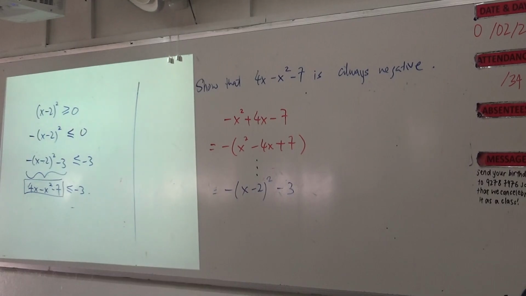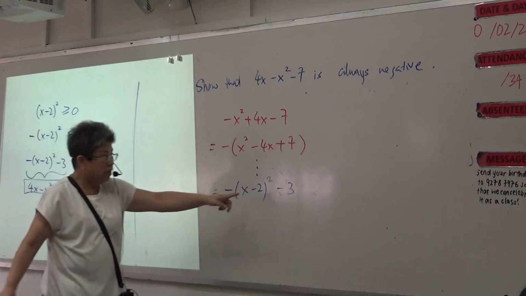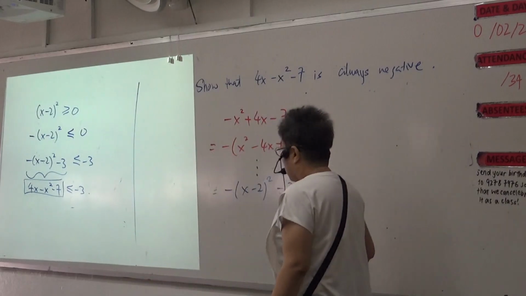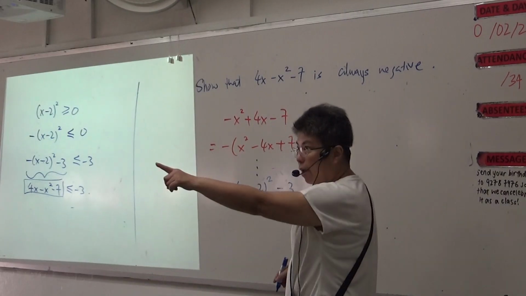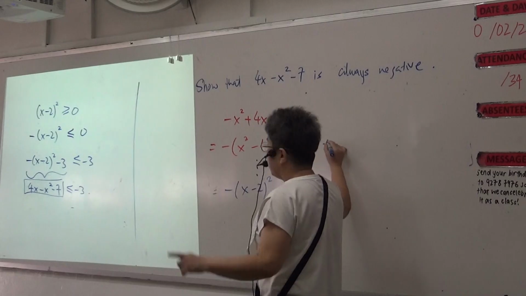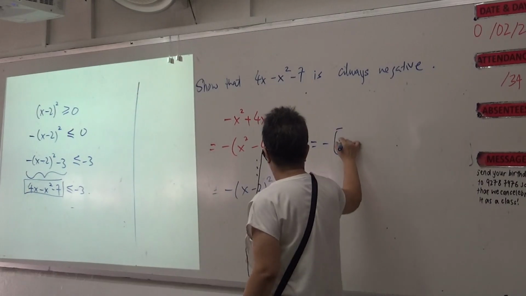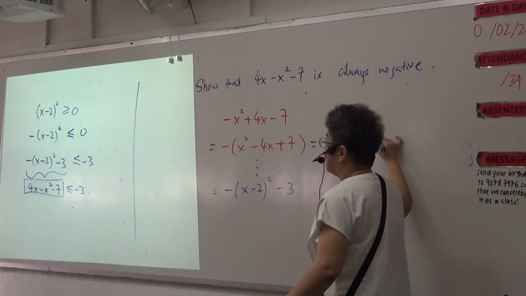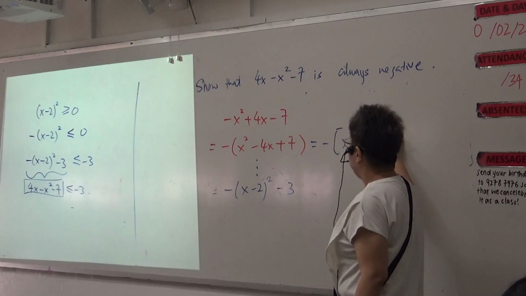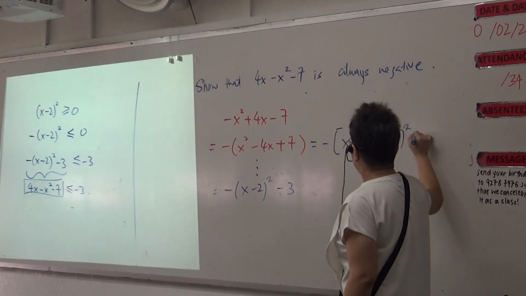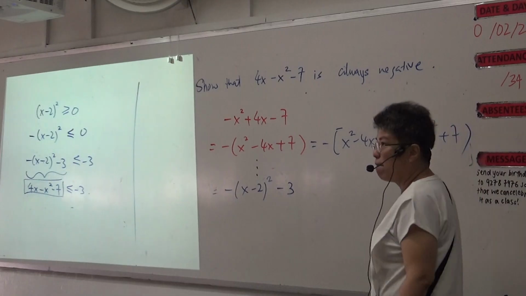Why is it negative 3? Are you awake? I'm talking to you right now. I want you to answer me. x squared plus 4x, then plus something squared minus something squared plus 7, right?